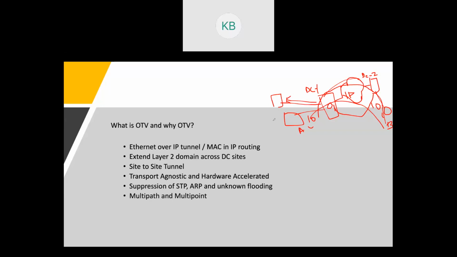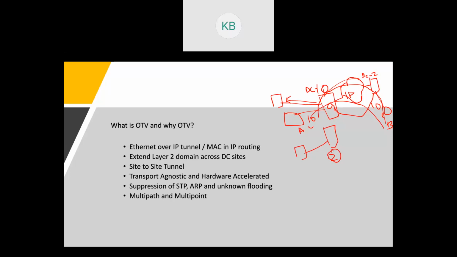Multipath and multipoint. You can have more than one edge device in a given site. Say, for example, in this site A, we are adding one more edge device. This is edge device 1, and this is edge device 2. These two edge devices can load balance the traffic for different VLANs.